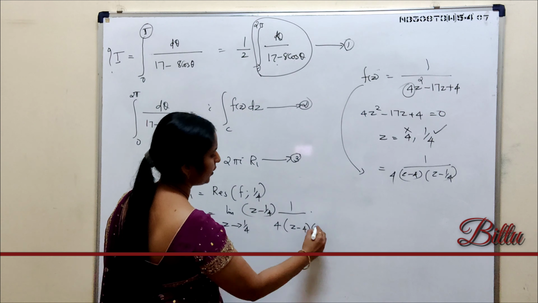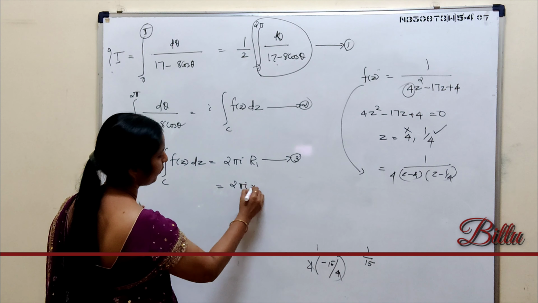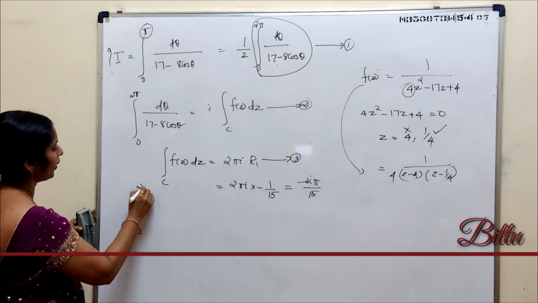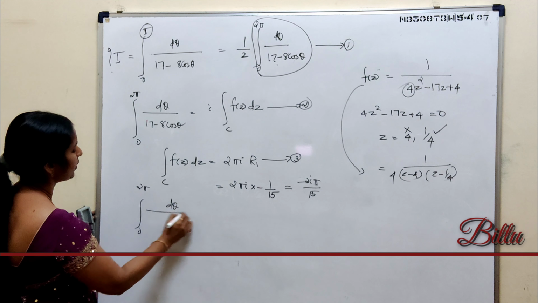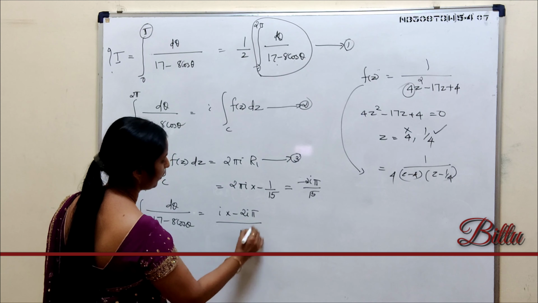You put this R in equation number 3. That is 2 pi I into minus 1 by 15. It is minus 2i pi by 15. Next you put this value in equation number 2. So integral 0 to 2 pi d theta by 17 minus 8 cos theta is equal to I into minus 2i pi by 15.